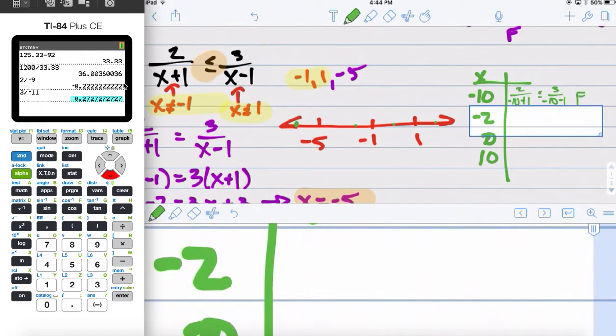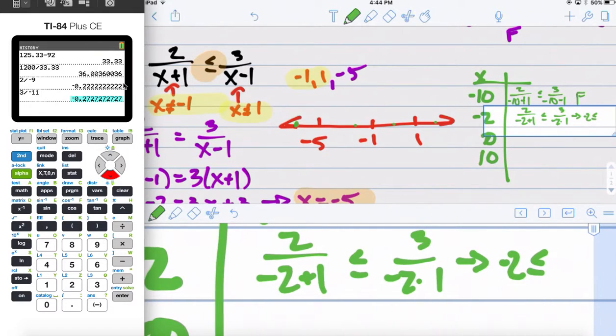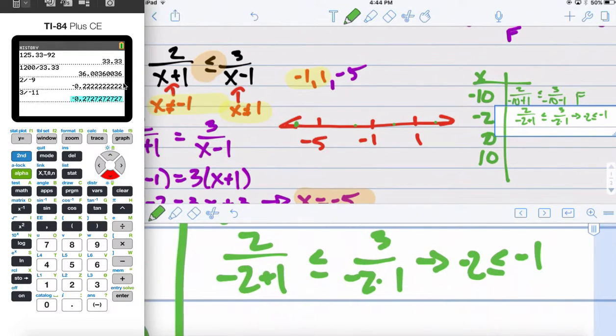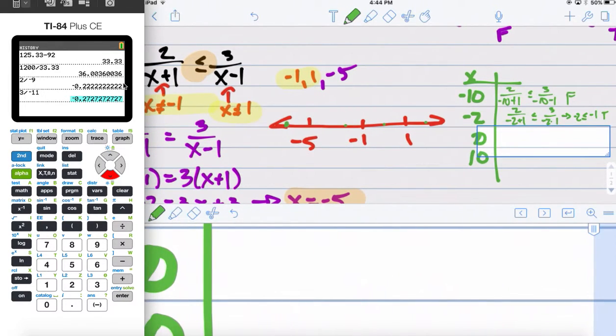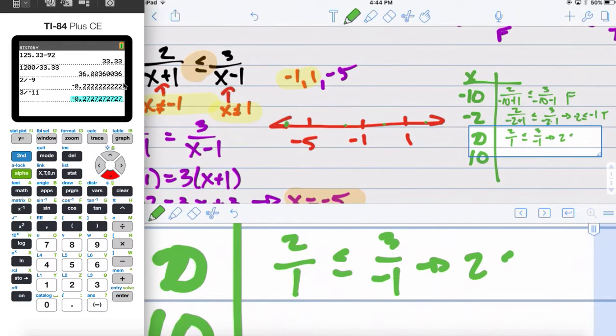Check this one. 2 over negative 2 plus 1 is less than or equal to 3 over negative 2 minus 1. That is saying the same thing as negative 2 is less than or equal to negative 1. That is true. Check 0. I get 2 over 1 is less than or equal to 3 over negative 1, which is the same thing as 2 is less than or equal to negative 3.